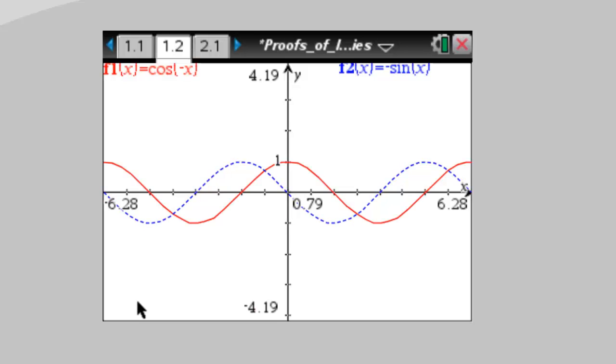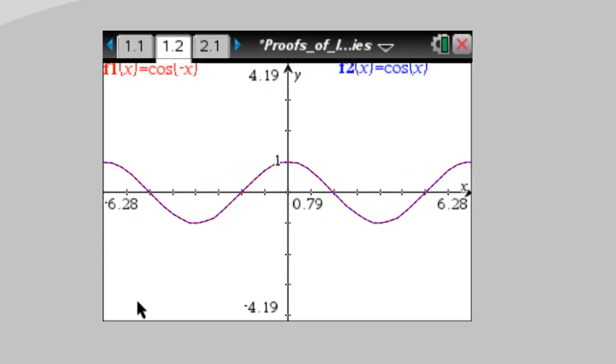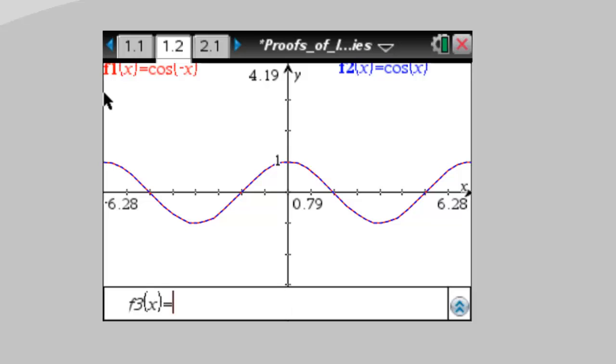However, with cosine, if I graph the cosine of the opposite of x, it is equivalent to just the cosine of x. And because cosine x, hopefully this makes sense, has symmetry with the y-axis, it's an even function. That's why that works. By definition of even function, if I put in an opposite of x for x and yield the same function or the same values, it is even.